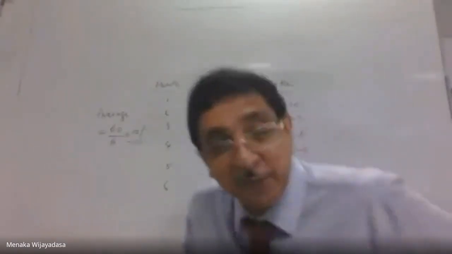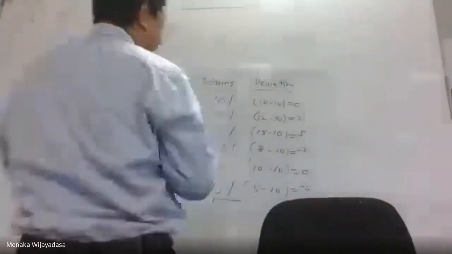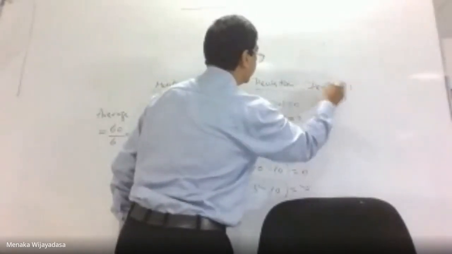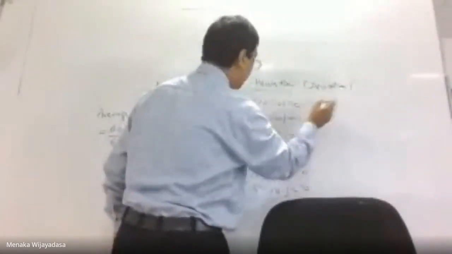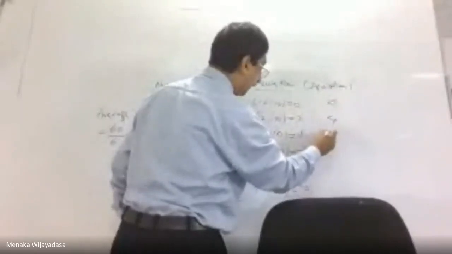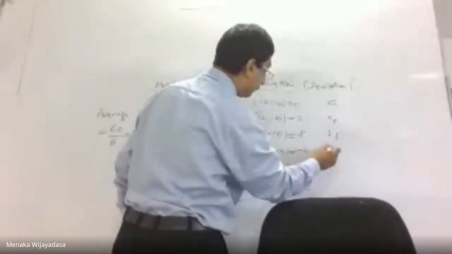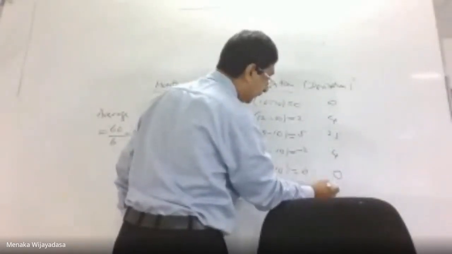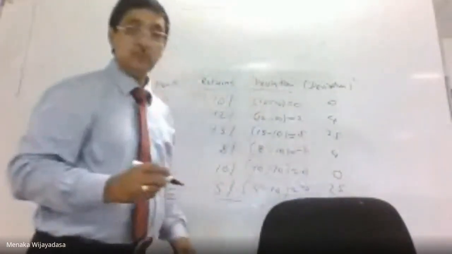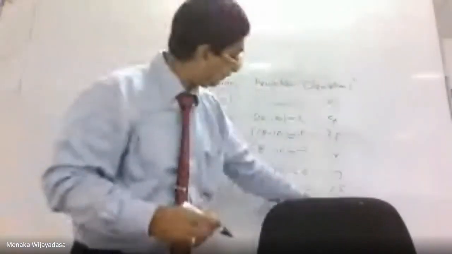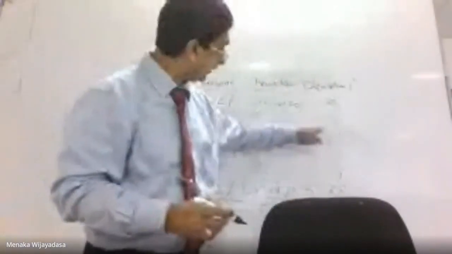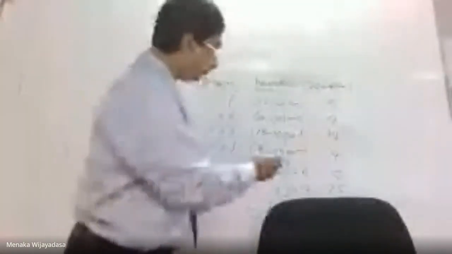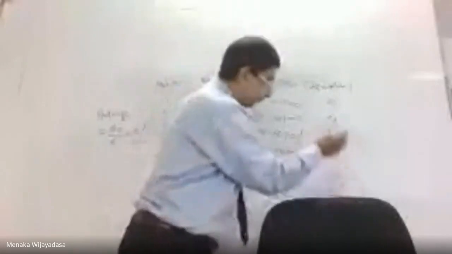Now, when you do the square of the deviation, you will get 0 is 0, 2 is 4, 5 is 25, minus 2 is 4, 0, 0, minus 5 is 25. Now, if you add it up, 25 plus 25 is 50, 4 plus 4 is 8, 58.